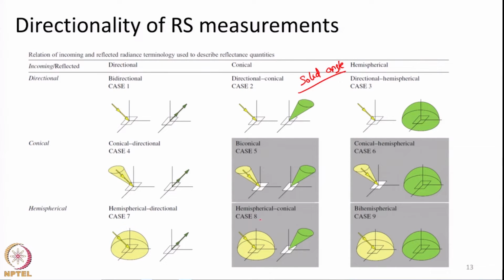We can consider incoming and outgoing energy in different cases: coming in one particular direction, measured over a conical solid angle, or integrated over an entire hemisphere. Based on these different solid angles with respect to our point of observation, our output may vary. I told you this in the last class.